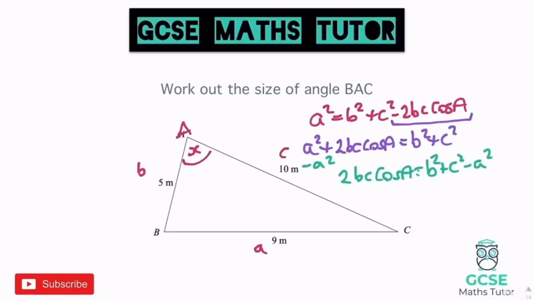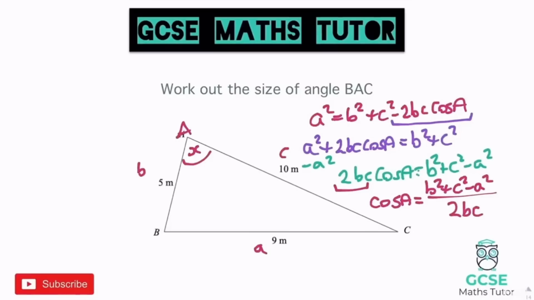And now you can finish off this rearrangement. You can divide by 2bc just to leave you with cos A. So cos A equals b squared plus c squared minus a squared over 2bc. It's up to you. You can choose to just learn that formula if you want, but that's the formula we're going to use to find an angle.